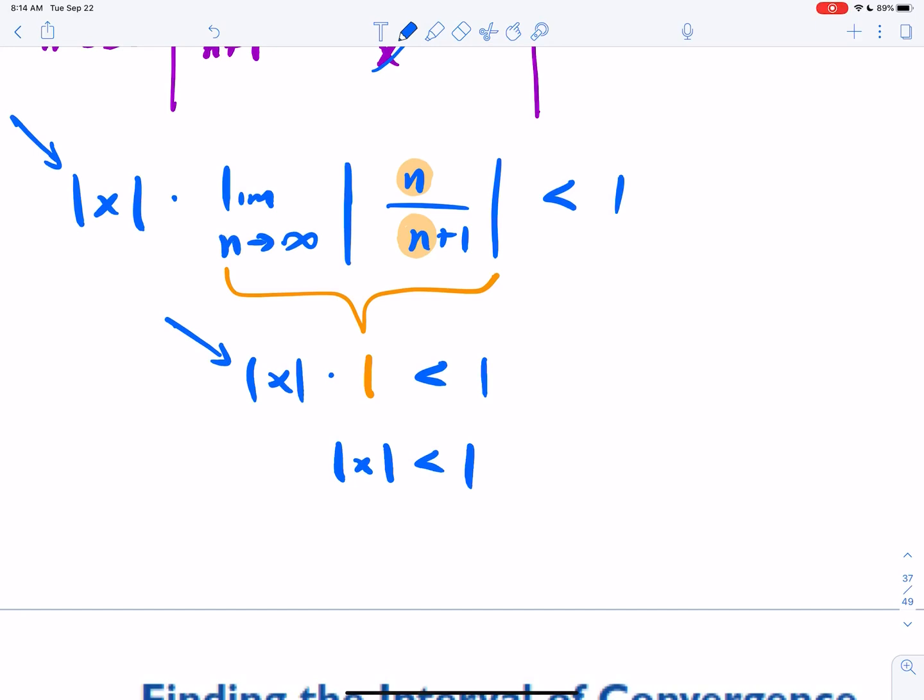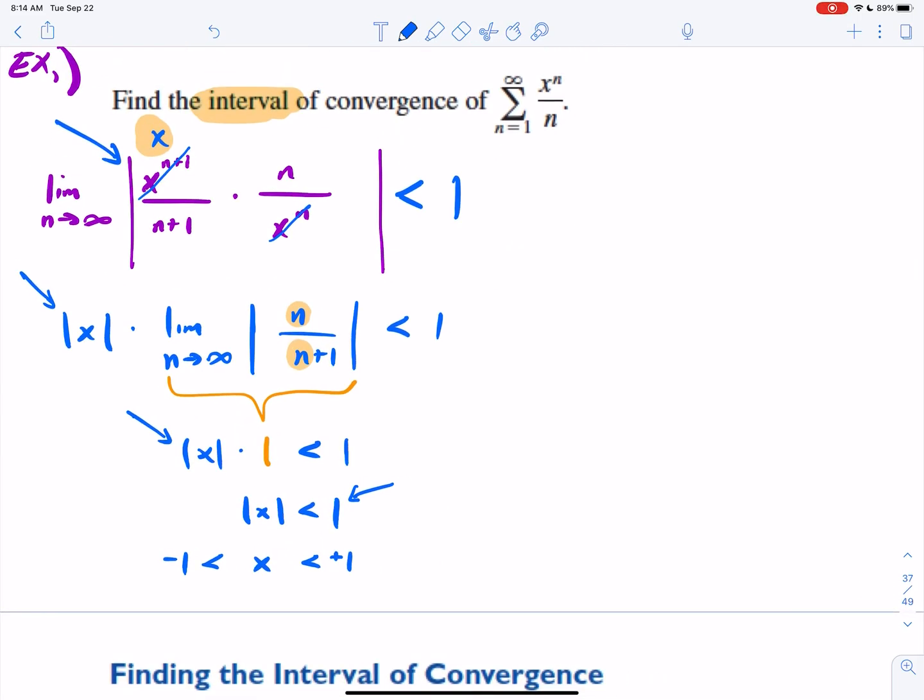When you have an absolute value here, what you do is you create a compound inequality where there's a positive one and a negative one, whatever that value is over here. So there you go. This right here is called the interior, just the interior interval of convergence.